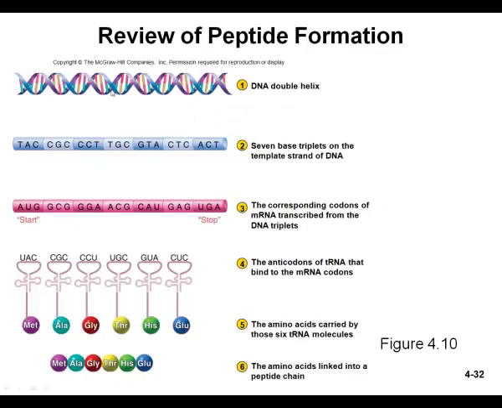Here is again the overview of the peptide formation. We start with the DNA, and here's a step that is not shown, which is the making of the pre-mRNA. Then you have splicing. You get to the RNA, and finally you have this final mRNA that will be read by your ribosome, calling in the carriers.